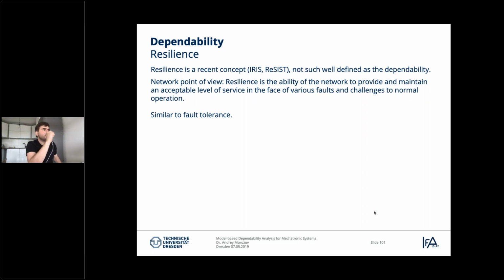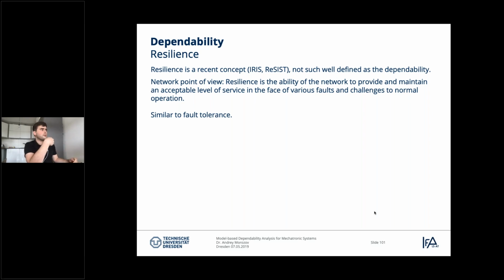In different communities there are different definitions of resilience, and there are communities like IRIS and ReSIST. Resilience is also used a lot by the network people who are developing networks, now softwarized networks, and they define resilience as the ability of a network to provide and maintain an acceptable level of service in the face of various faults and challenges to normal operation.